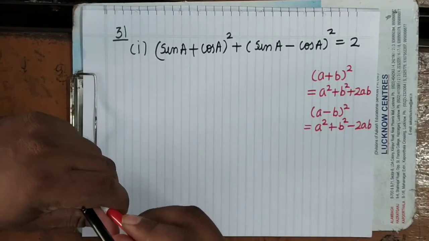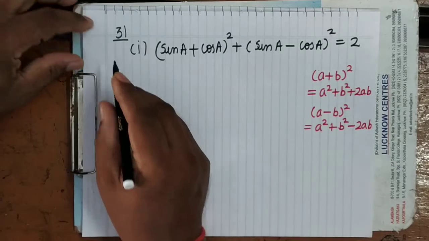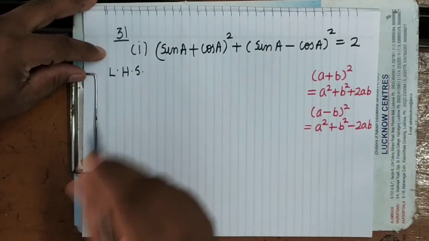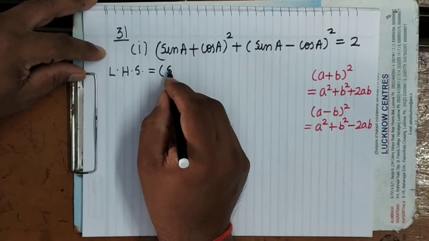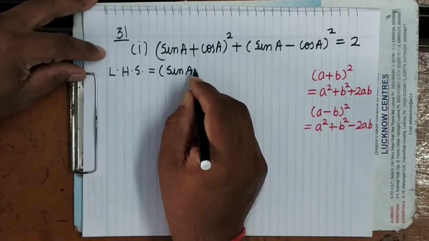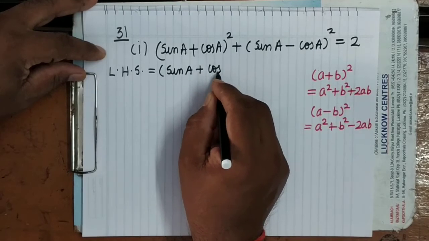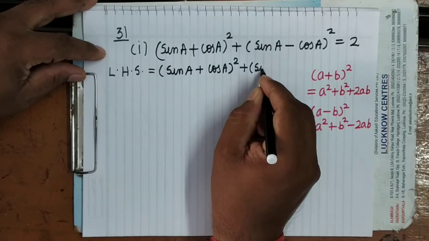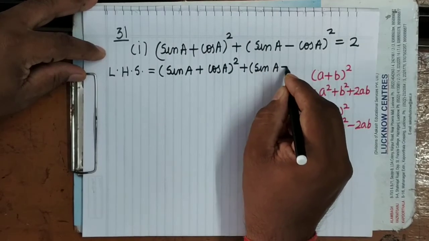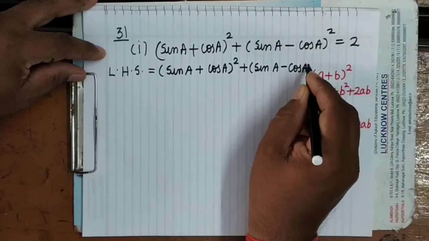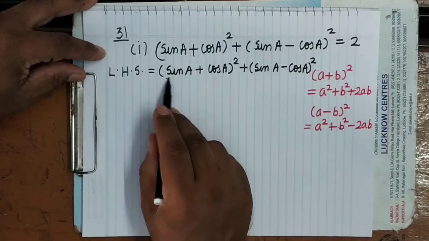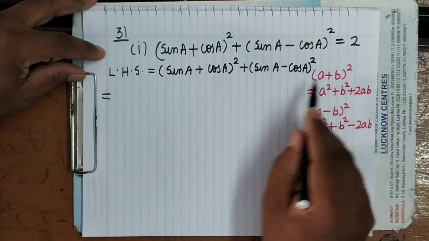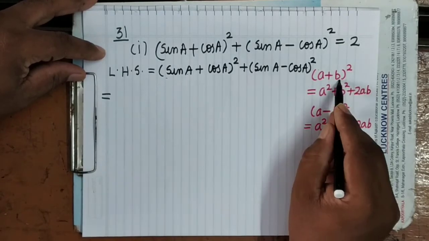It's clear? So you can see here, take LHS, the left hand side. LHS will be equal to (sin A plus cos A) whole square plus (sin A minus cos A) whole square. The first can be opened using (A plus B) whole square. What is in place of A? Sin A. In place of B?